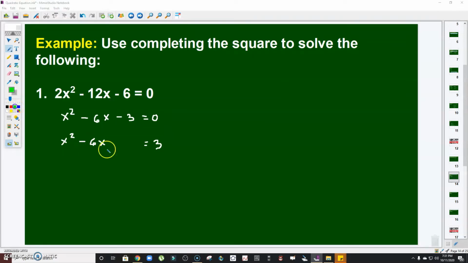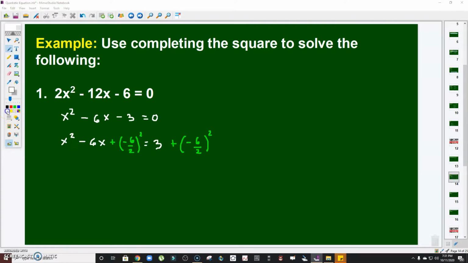So negative 6 divided by 2, that's negative 3. Then you have to square it. Once again, ulitin ko, mag-a-add ako ng negative 6 divided by 2 squared. To maintain equality, mag-a-add din ako ng negative 6 over 2 squared on the right side. See that? Dahil equal.